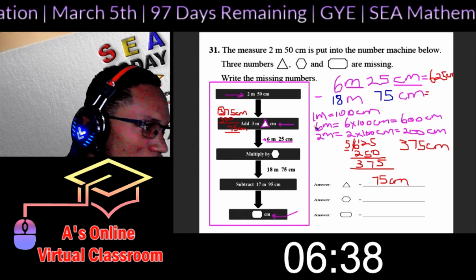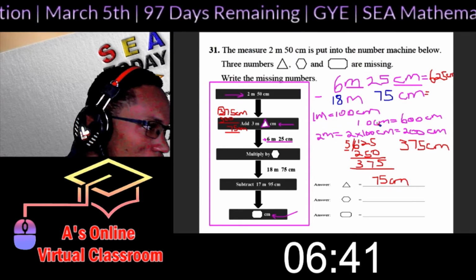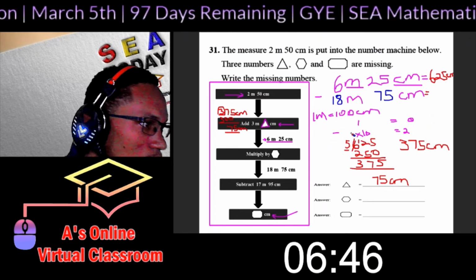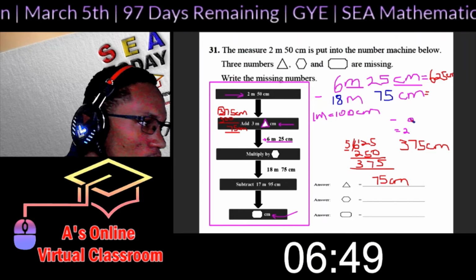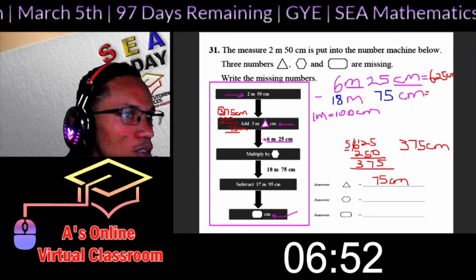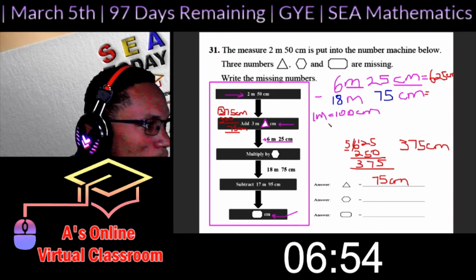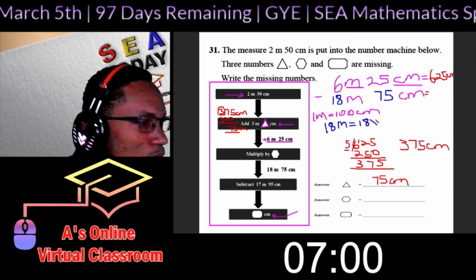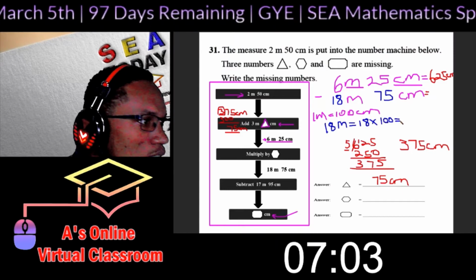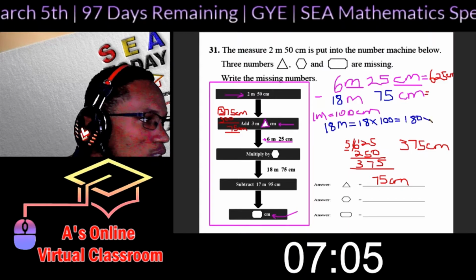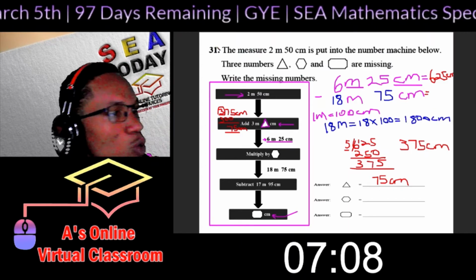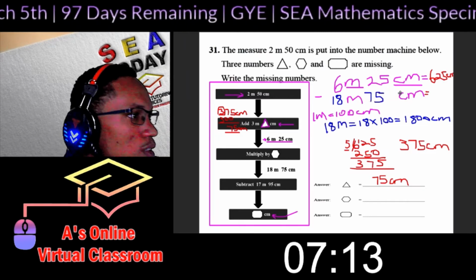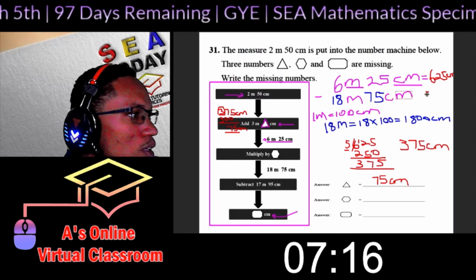So if we were to change that to centimeters, we would get 18 meters would be 18 times 100. That is 1800 centimeters. So the total for the top here, 1875 centimeters.